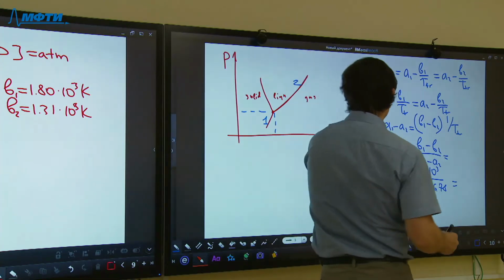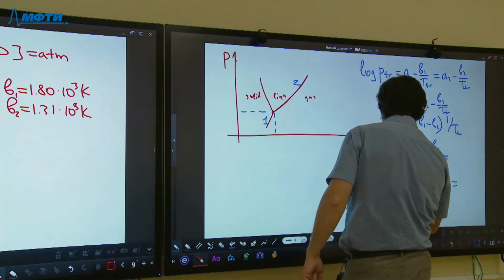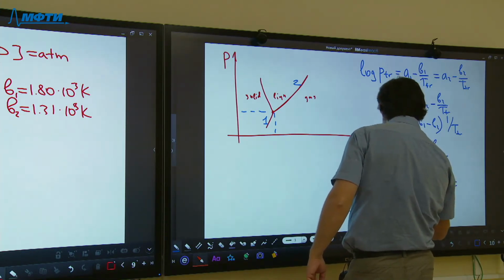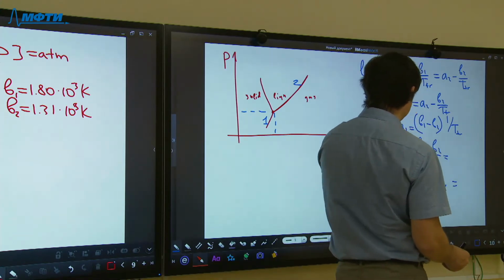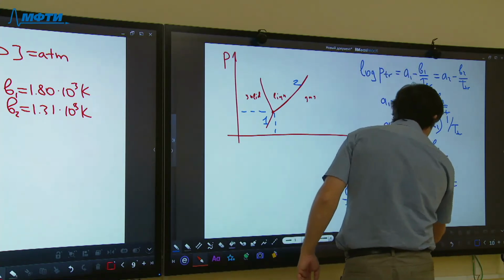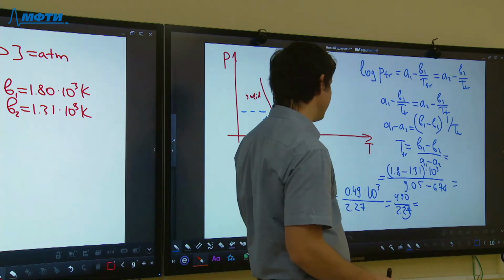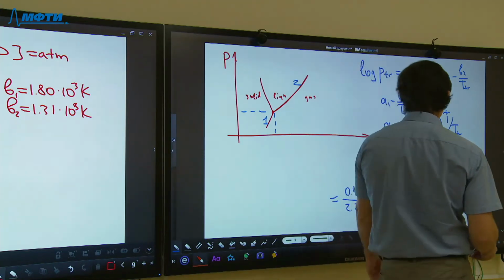Now if I multiply 0.49 by 10 to the 3, that would give me 490 over 2.27. Let's assume that this is actually 2.3, since it's inconvenient to have 2.27. That's approximately 2.3, so I can divide this by that.